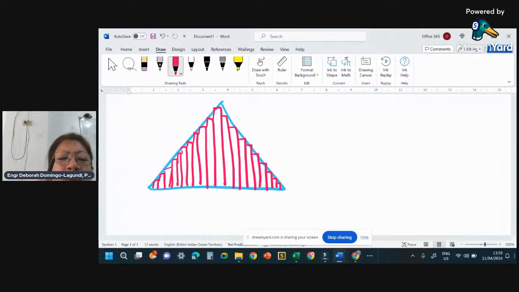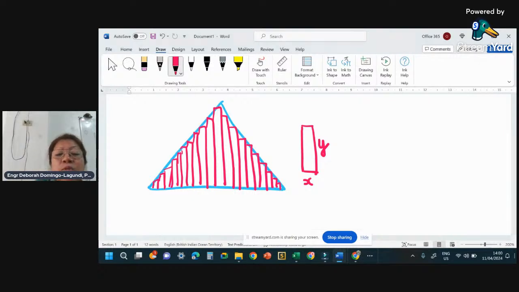So, how many strips did we make? We do not know because we can only say that if we know the exact measurement at the bottom and the measurement on the y.